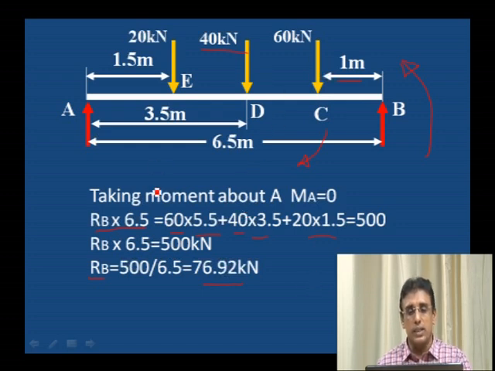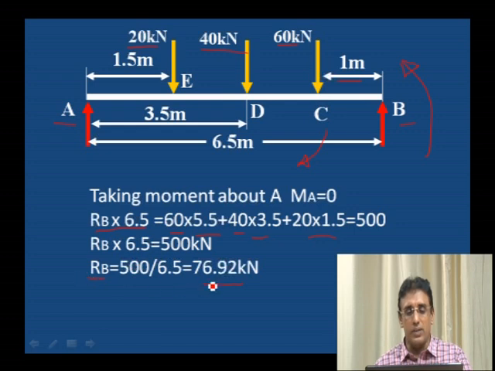Now next we have to find out RA. To calculate RA, what we have to do? Add the forces. Upward forces must equal the downward forces. Upward force is RA and RB, reaction at A and reaction at B. Downward force is 60 kilonewton plus 40 kilonewton plus 20 kilonewton, 120 kilonewton. 120 kilonewton should be equal to RA plus RB.